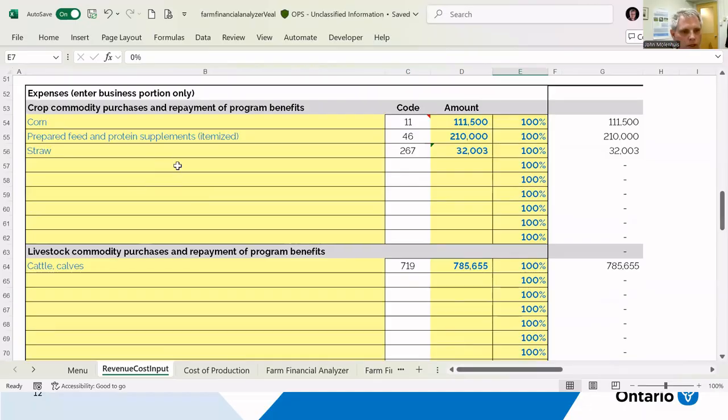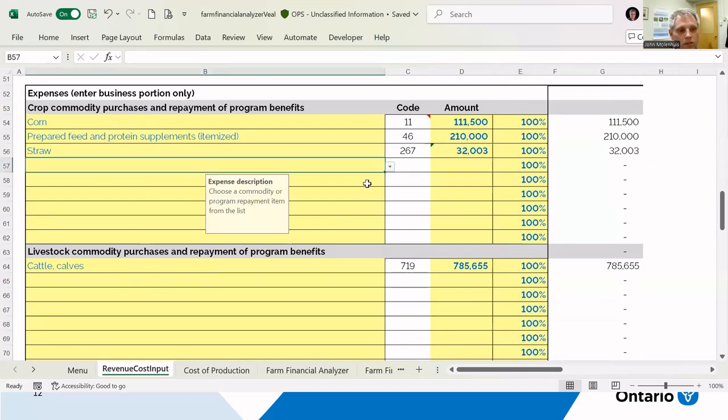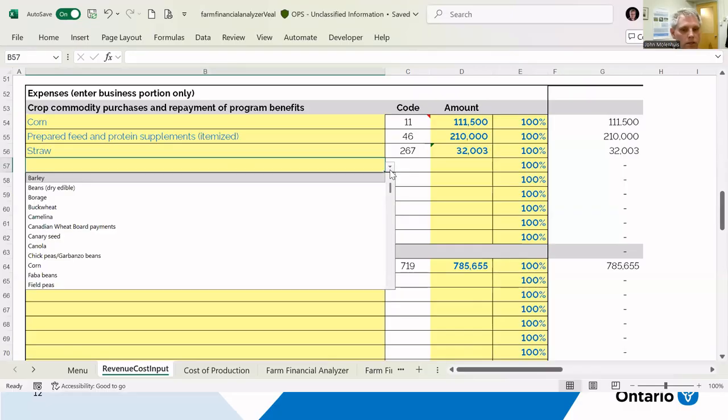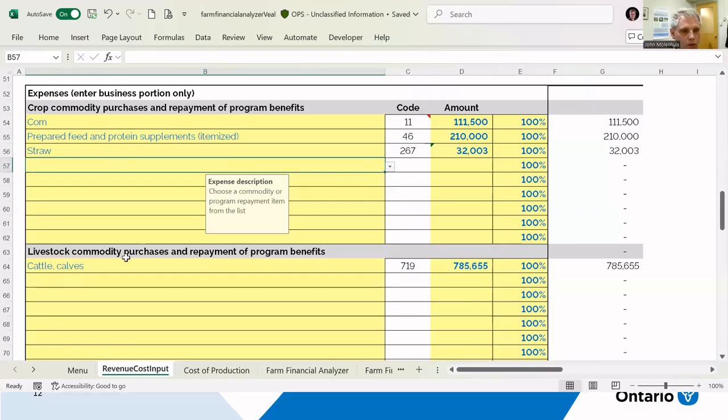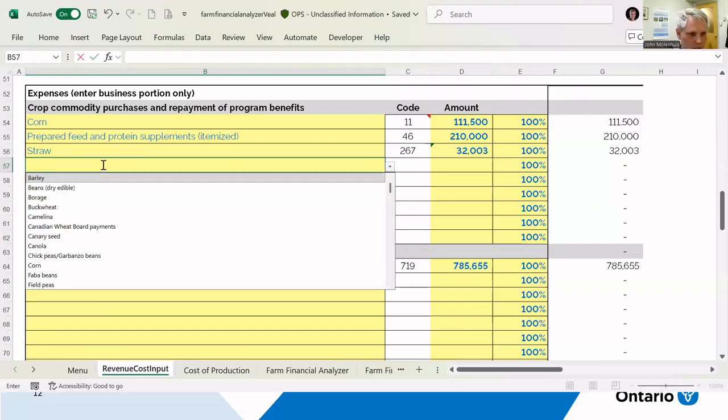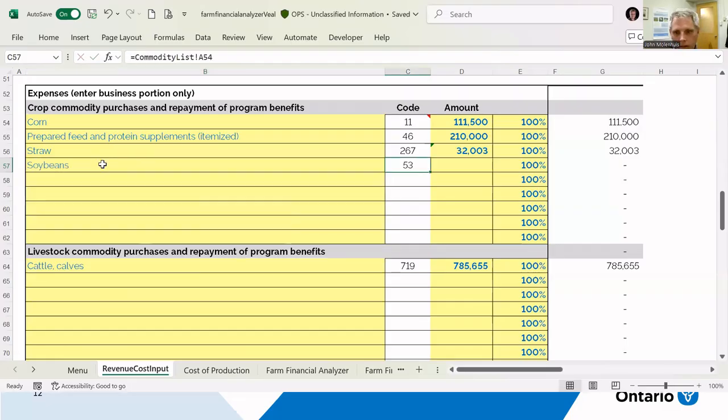Again, it's similar: there's a crop commodity section and a livestock commodity section. You've got the full commodity list here, or you can start just typing away. So if I've got some soybean seed, about $5,000 in soybean seed, but none of that goes to the veal cattle.